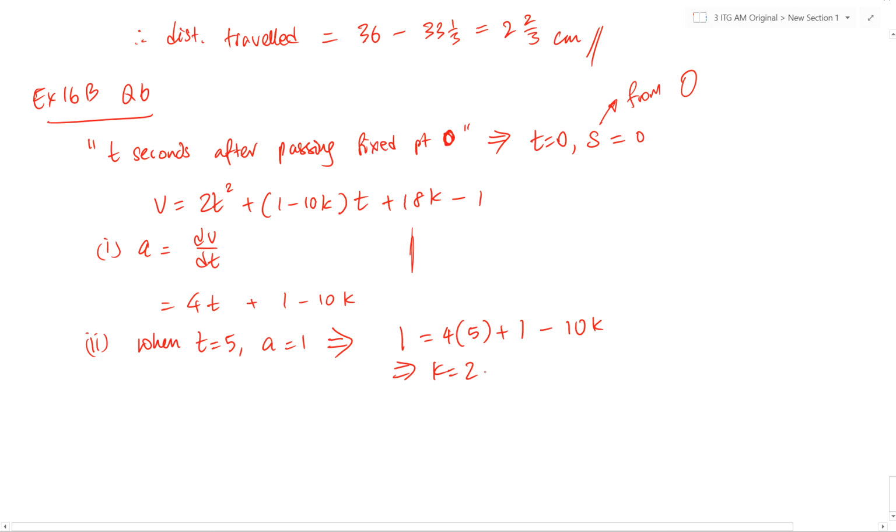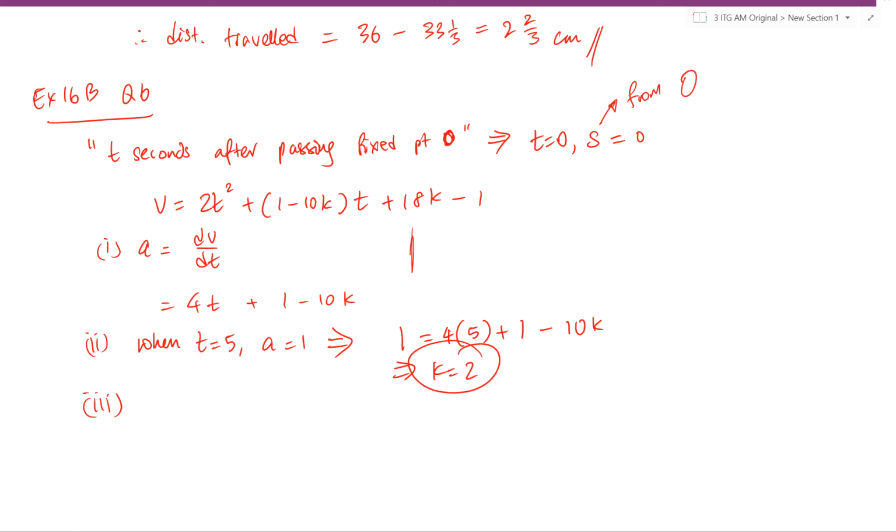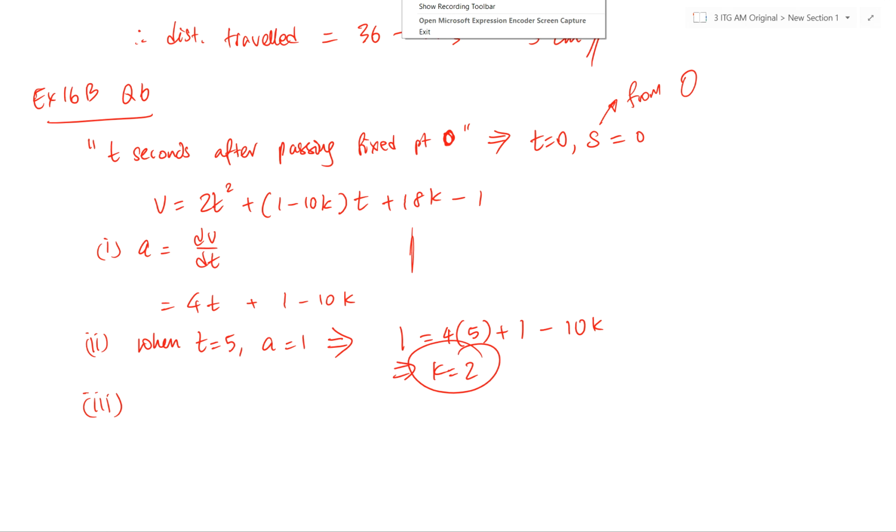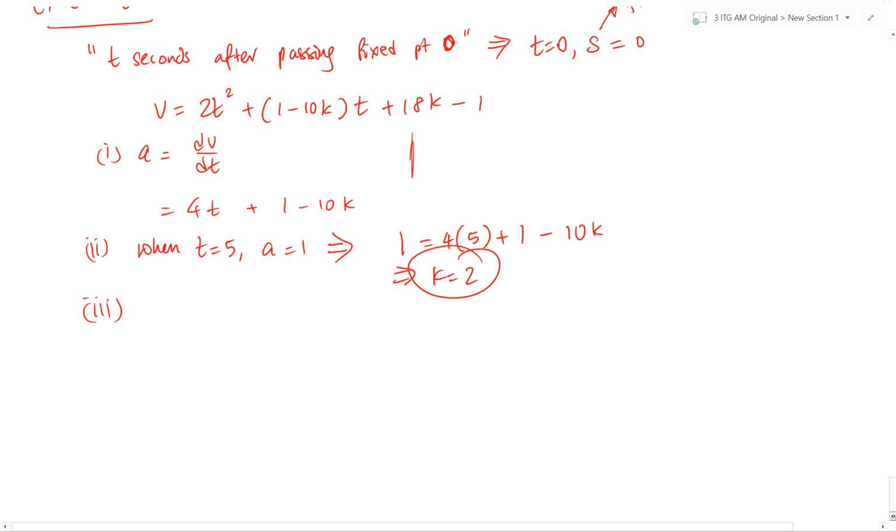K equals to 2. And part 3, using the value of k, which is 2, find the range of t for which it is moving in a positive direction. That's the key part to this question.